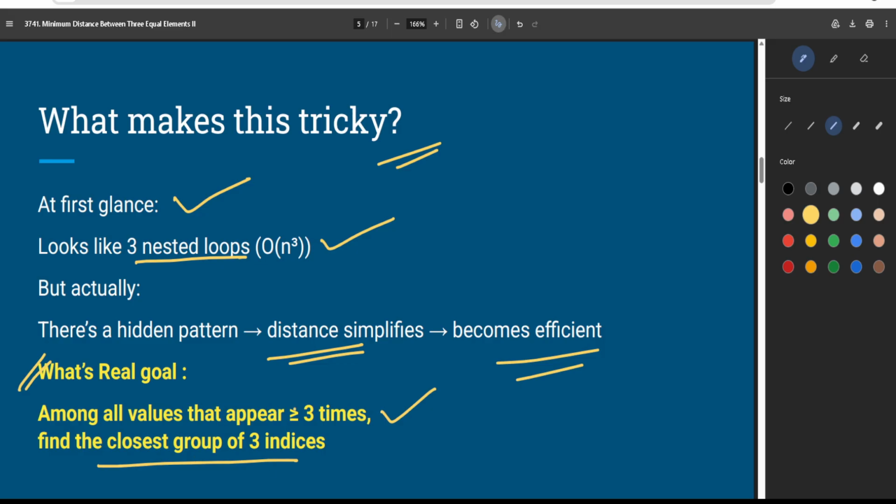There is a possibility that the repeating elements can be 3 times or greater than 3. The nums will be given. If it is less than 3, we will return minus 1. If it is greater than or equal to 3, we have to find the closest group of 3 indices which gives you the minimum distance.